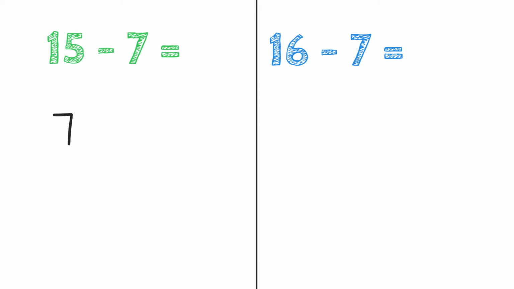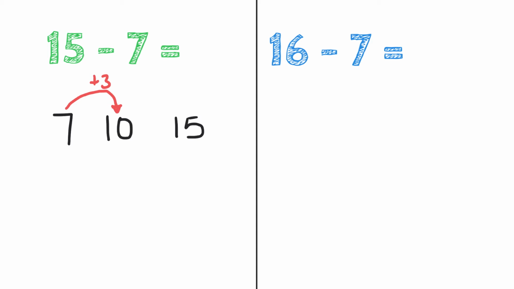And I'm going to go to 10 as my first stop. So 7 to 10 is 3. So I'm going to add 3 in. And now I'm going to go from 10 to 15 because 15 is my final destination. So let me write down 15 now.